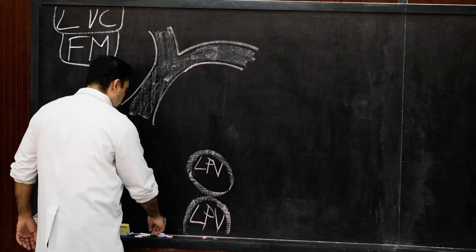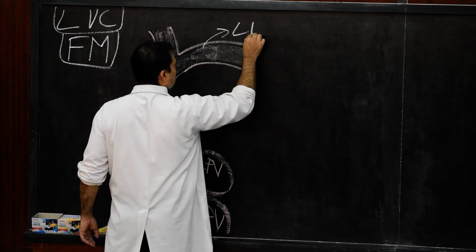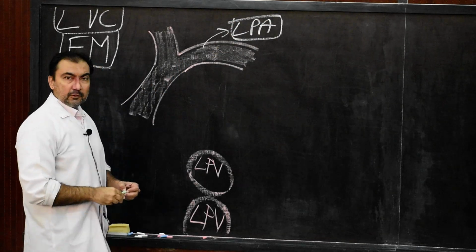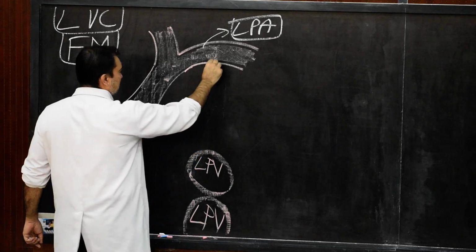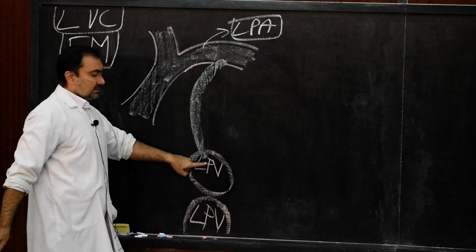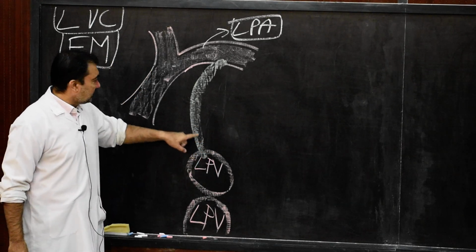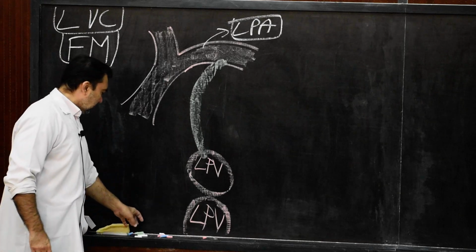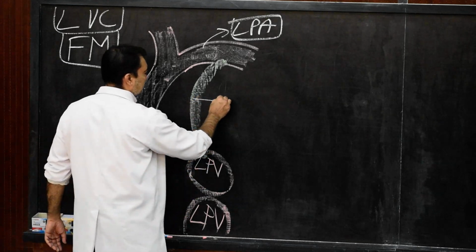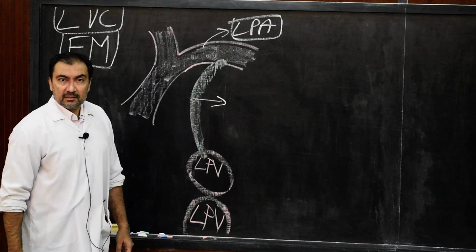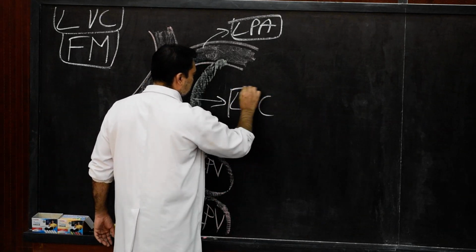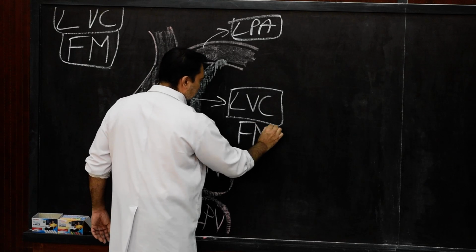Now if I mark this as the left pulmonary artery, then the fold of pericardium which connects the left pulmonary artery with the upper or superior left pulmonary vein is called the ligament of left vena cava, or ligament of vena cava, or the fold of Marshall.